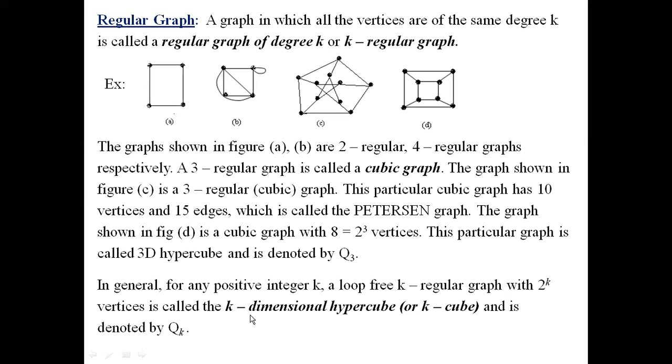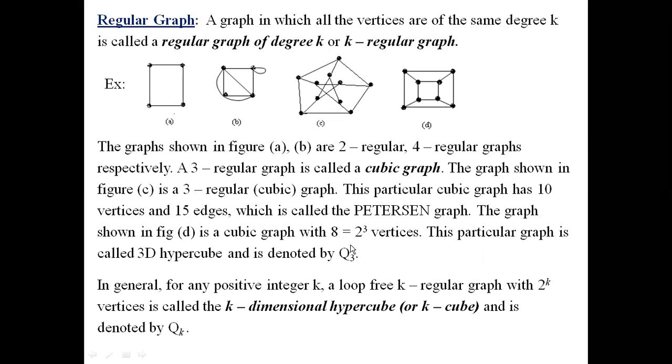In general, for any positive integer k, a loop-free k-regular graph with 2 power k vertices is called the k-dimensional hypercube or k-cube and is usually denoted by Qk. So any k-regular graph with 2 power k vertices.